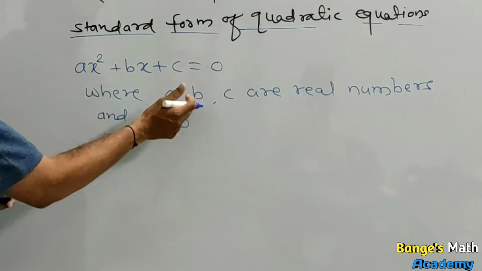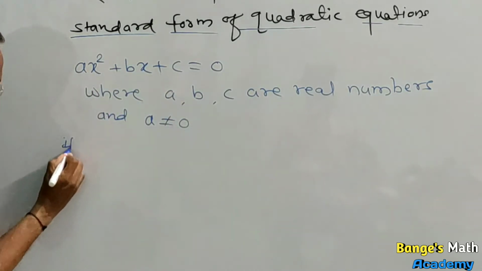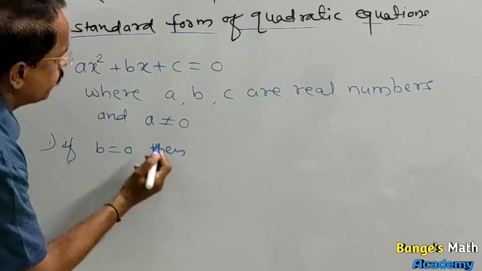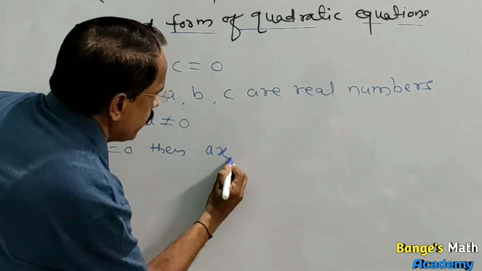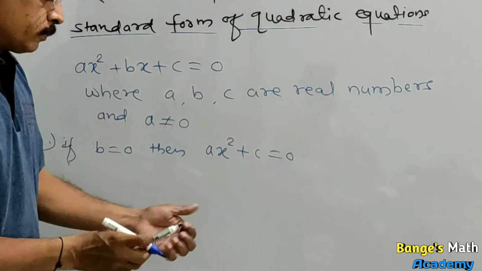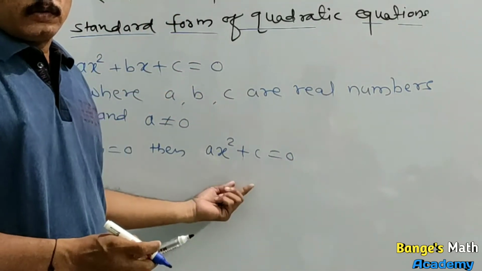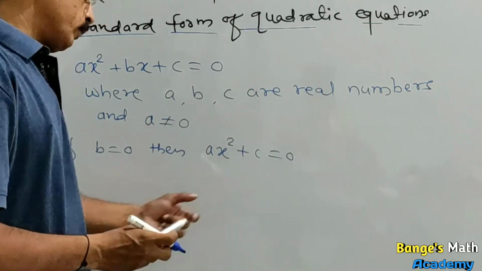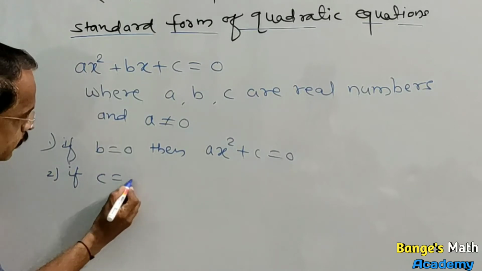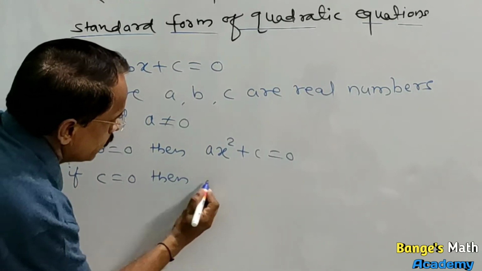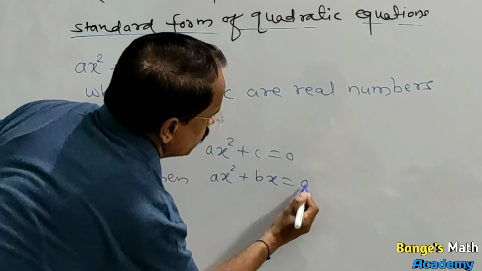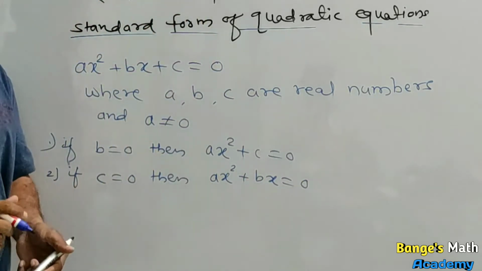If b is equal to 0, then the equation becomes ax square plus c is equal to 0. This is also a quadratic equation. If c is equal to 0, then the equation becomes ax square plus bx is equal to 0.